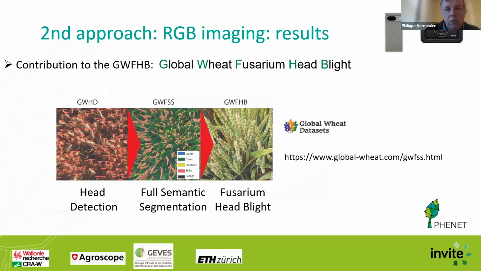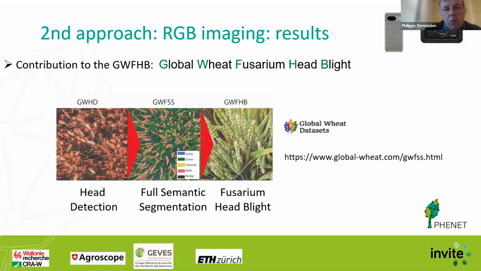Another point regarding this RGB library will be to contribute to the Global Wheat Dataset Consortium. It's a consortium aiming to improve precision phenotyping by assembling different datasets of images. And up to now, there is already a dataset for head detection, another dataset for full semantic segmentation, so for the segmentation of the different organs on the plant.